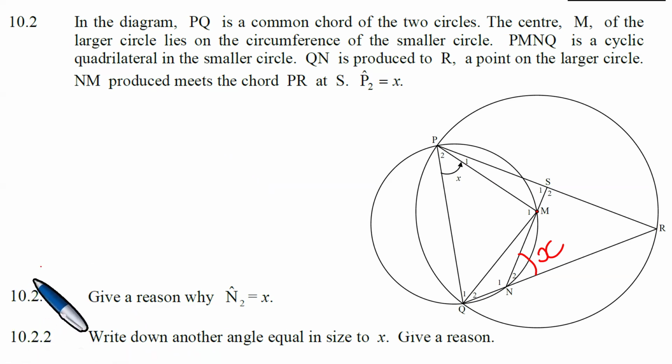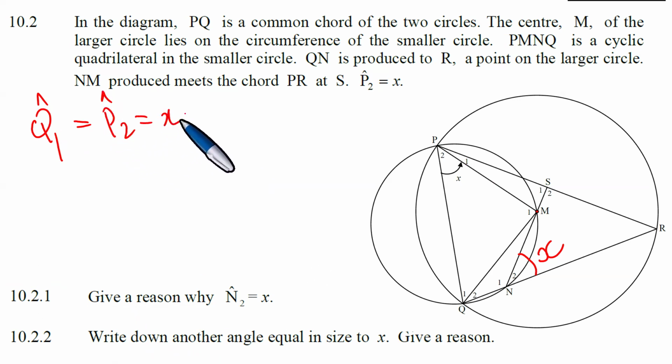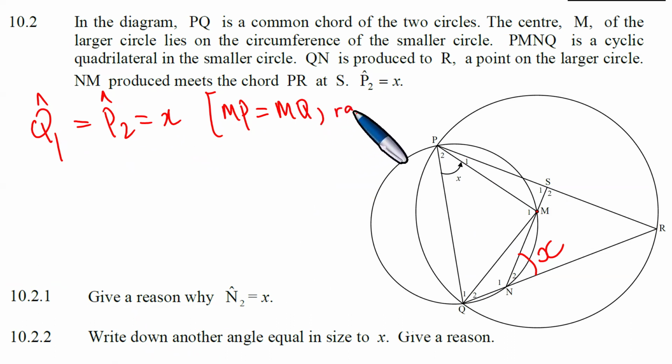So we can see that the angle Q1 equals the angle P2, which is equal to X. Why? Because MP is equal to MQ, radii.